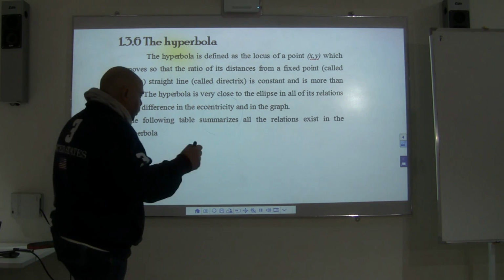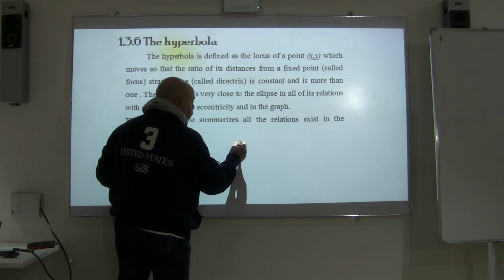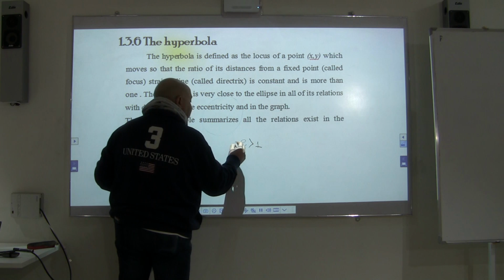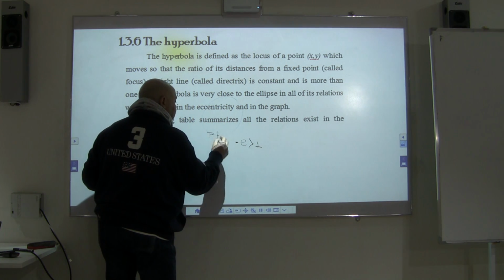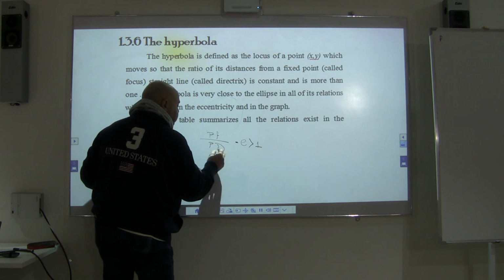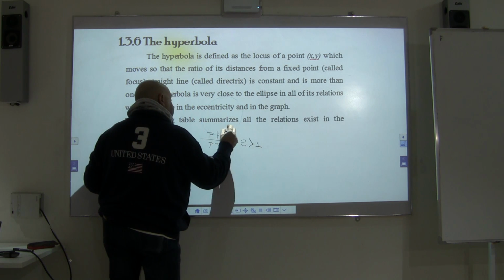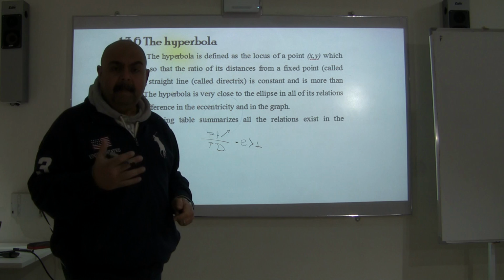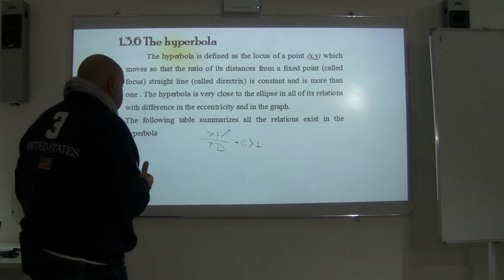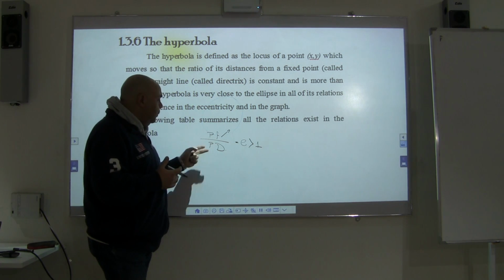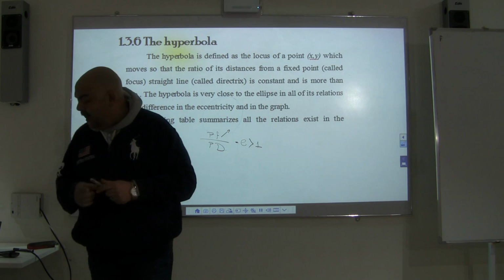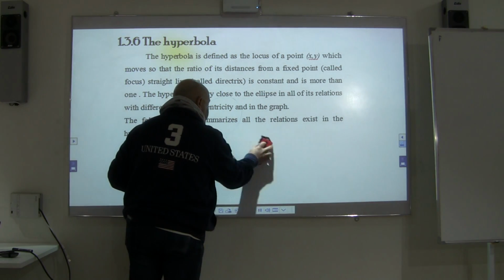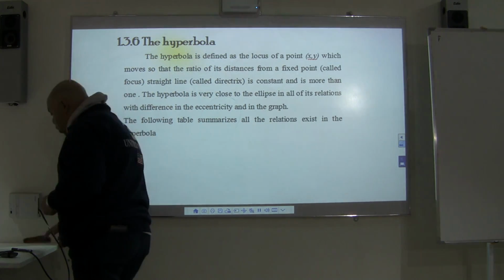So once more, for a hyperbola you will have e greater than 1, and e stands for PF divided by PD, where PF is the distance between any point on the hyperbola and the focus, and PD stands for the distance between the point on the hyperbola and the directrix, as you will see within the coming slides.